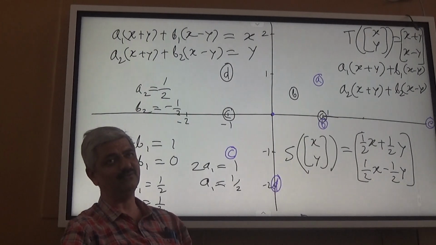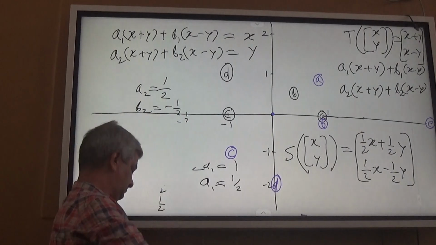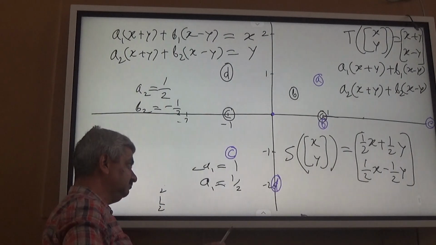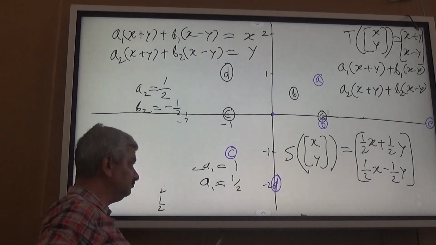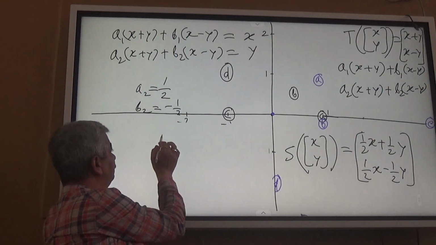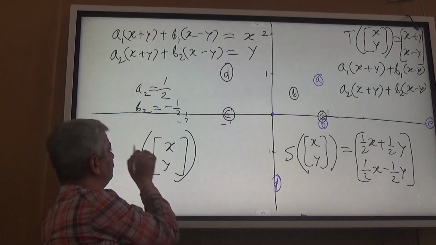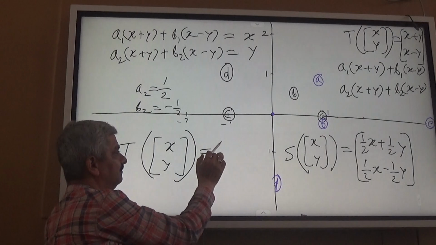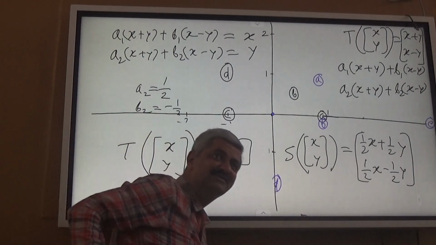So how will you have the vector space W, the original space? What does it mean?